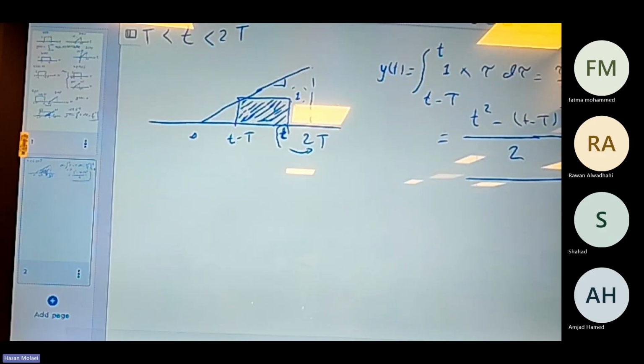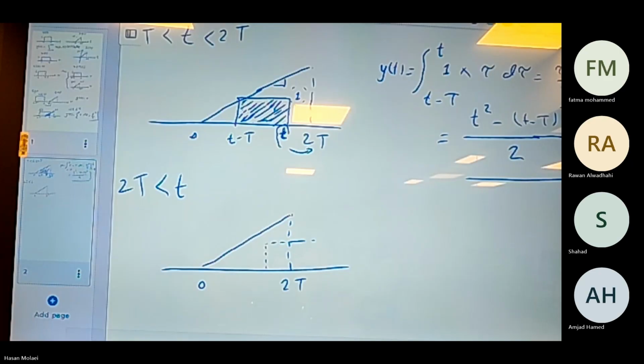The left region, when t is bigger than 2T. What is happening here? It goes outside. One part is going out like that.